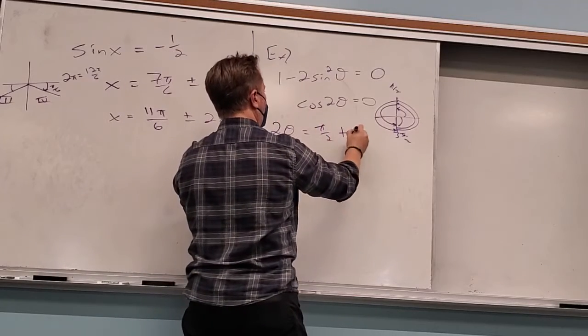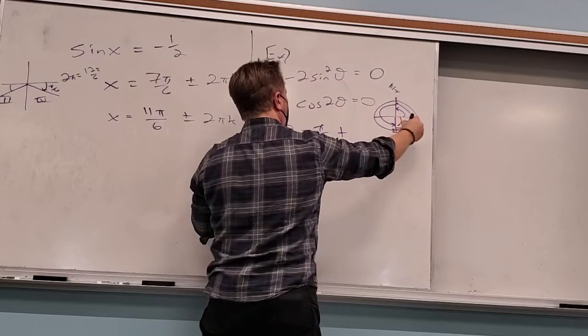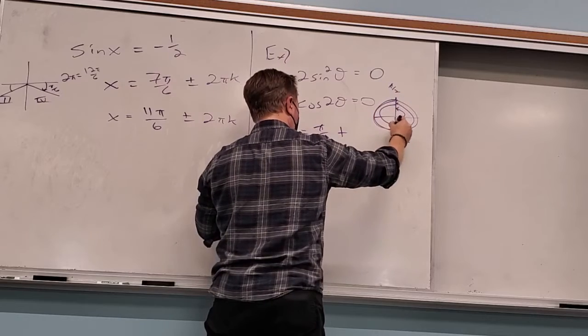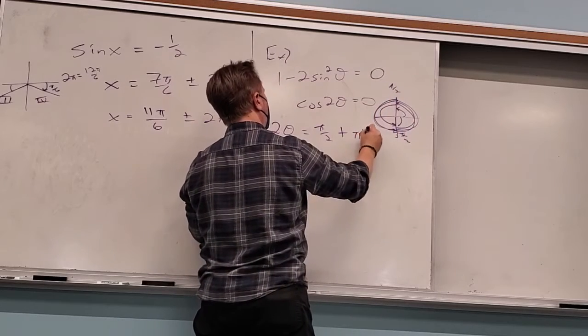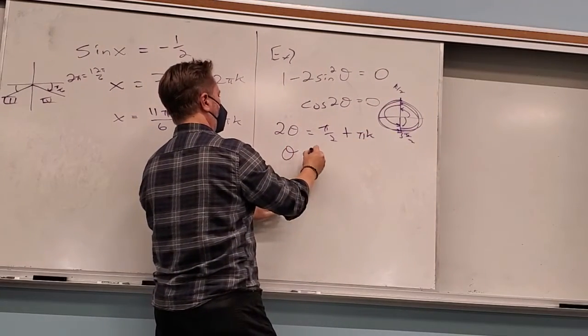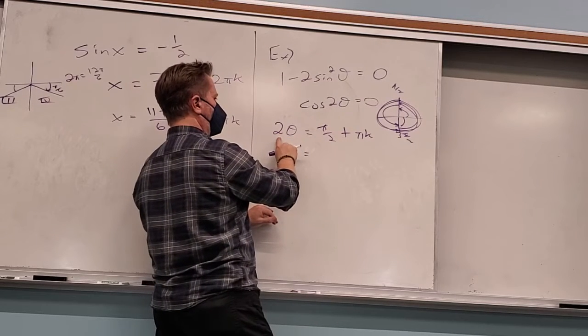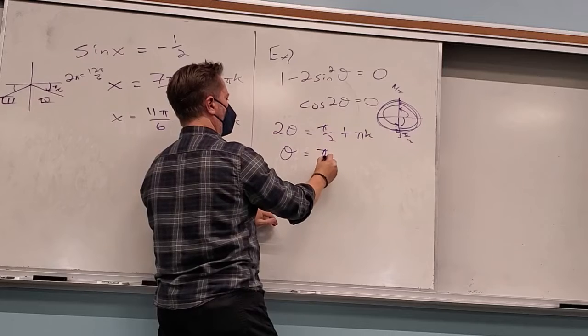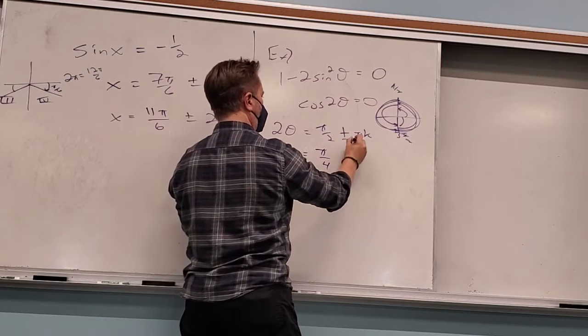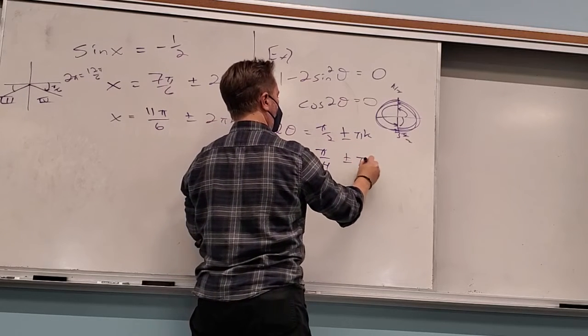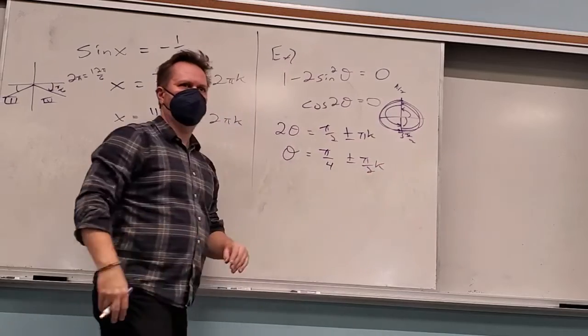So I would add multiples of pi. So then what's the answer? Divide by 2, right? So it'll be pi over 4. Oh, sorry, plus or minus pi over 2 k.